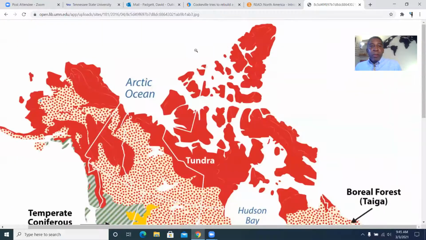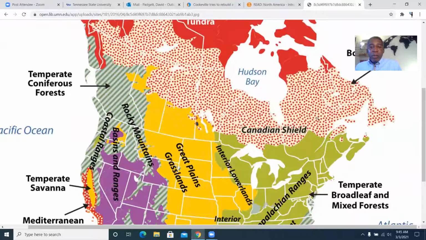So you should make note of where these various regions are and where they align with other regions, such as climate regions or vegetative regions, for the most part.